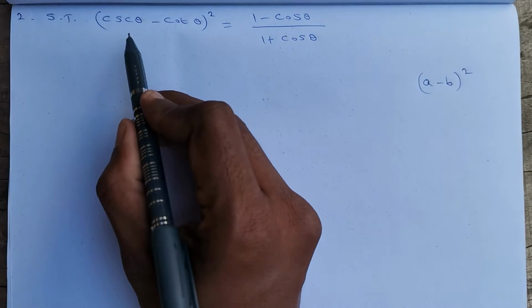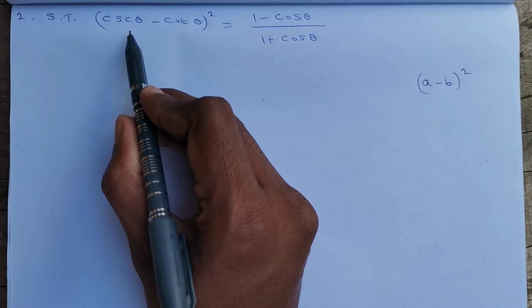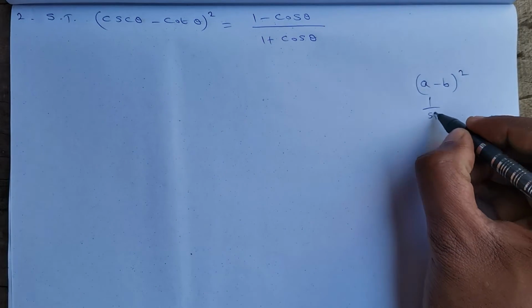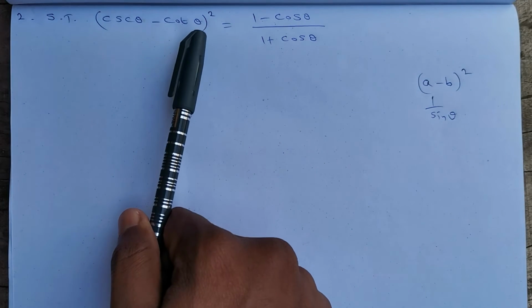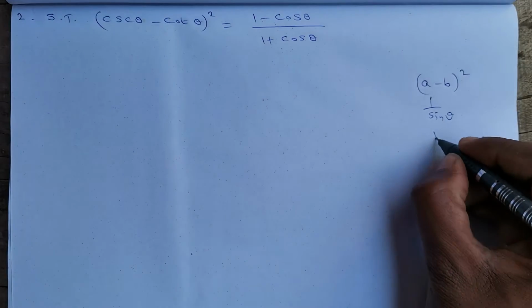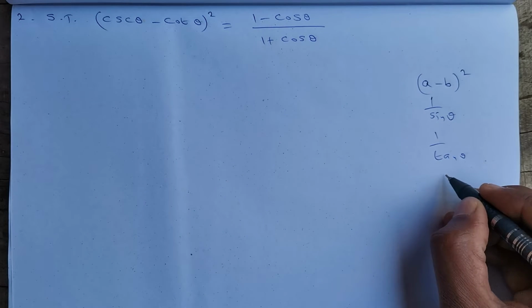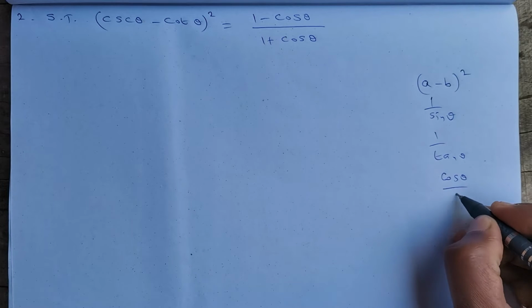Second doubt: cosecant theta, we need to write it as it is, cosecant theta, or else 1 by sin theta. Cot theta, we need to write it as it is, cot theta, or else as 1 by tan theta, or else cos theta by sin theta.